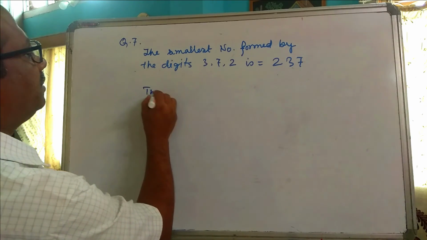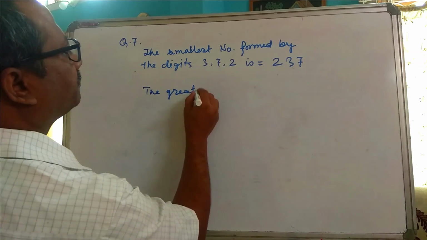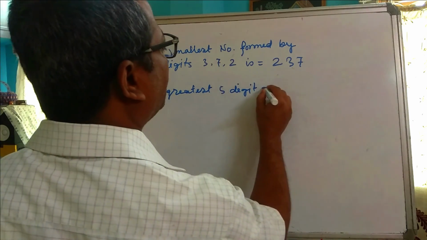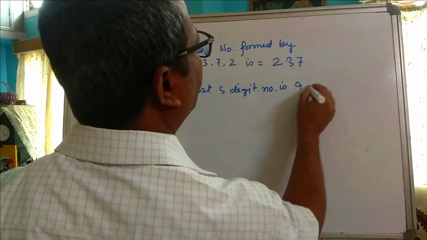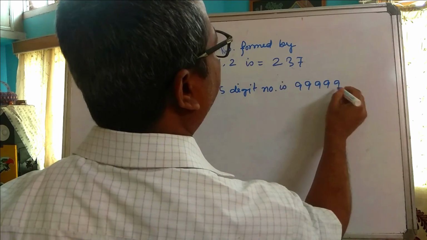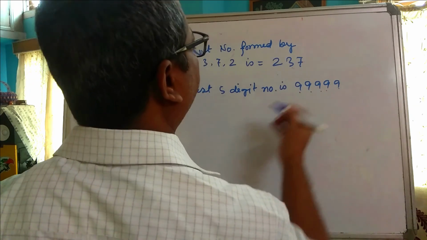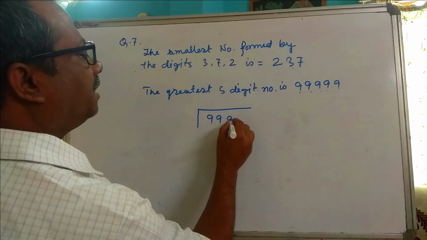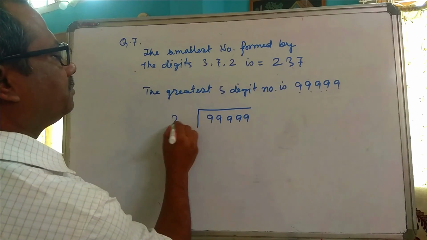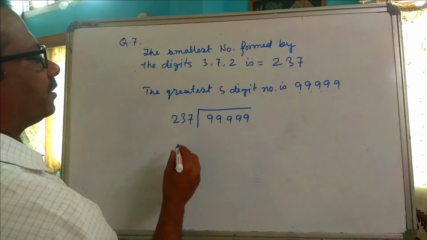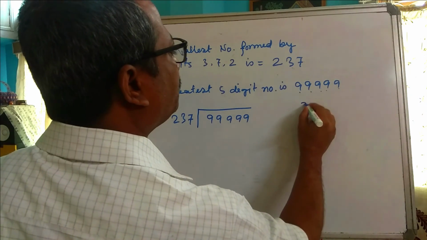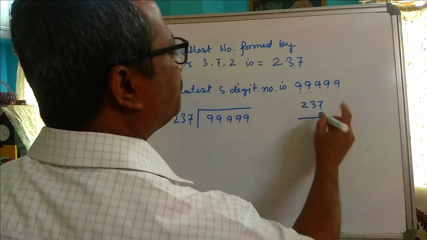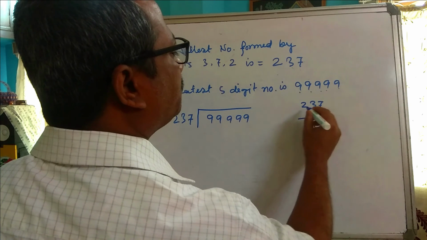Now the greatest 5-digit number is 99999. 1, 2, 3, 4, 5. So you divide 99,999 by 237 at first. 237, 2 sevens are 14, 1 left, 3 twos are 6 and 1 is 7, 2 twos are 4.